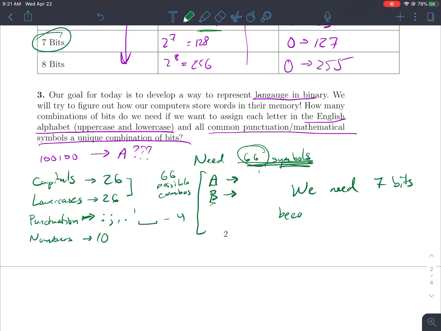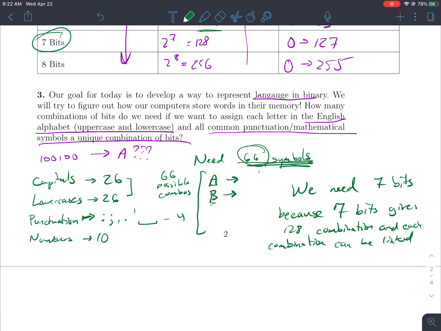Because 7 bits gives 128 combinations, and each combination can be linked to a symbol.